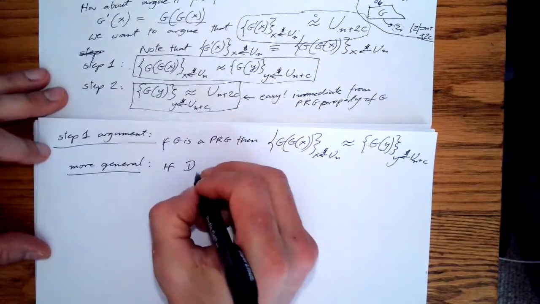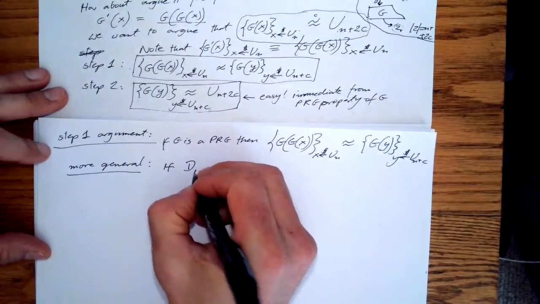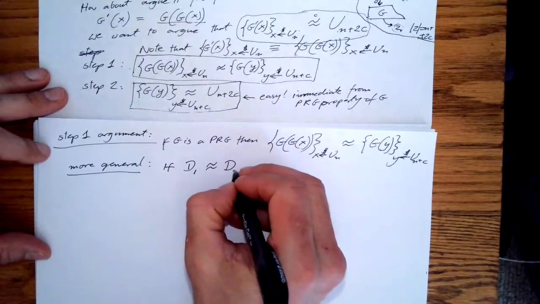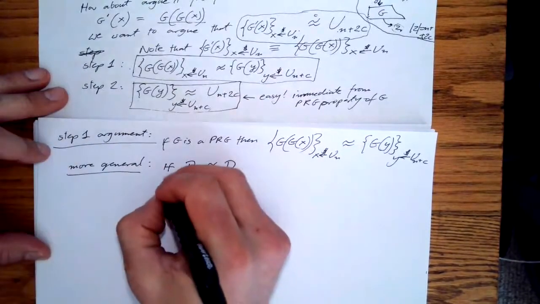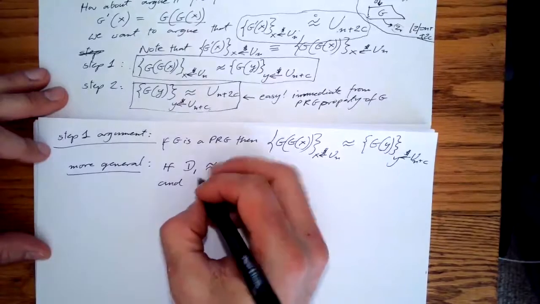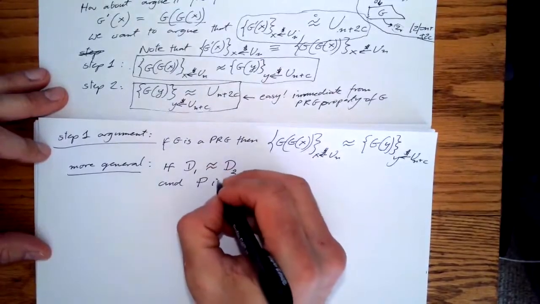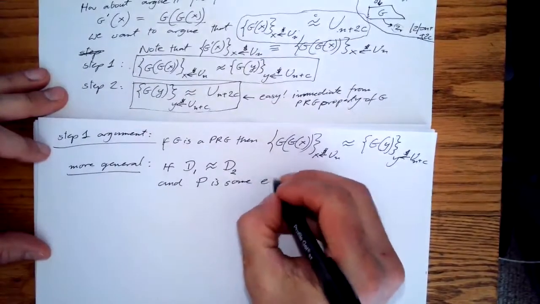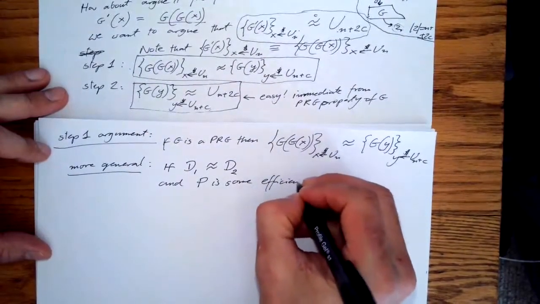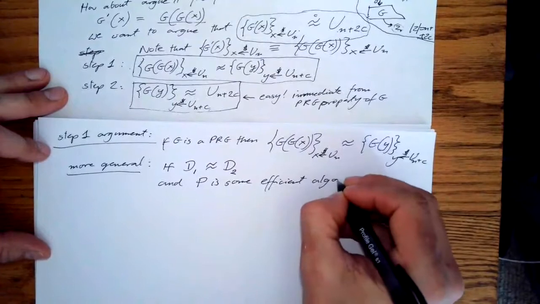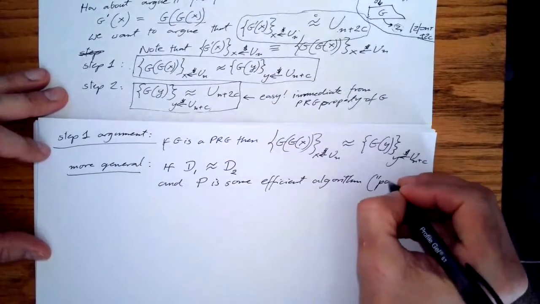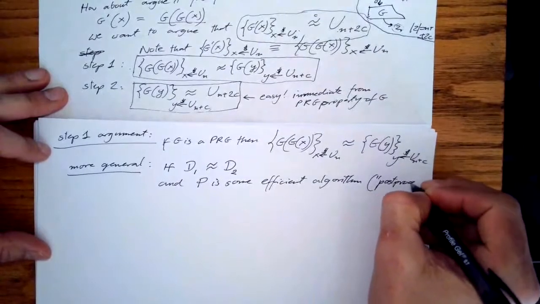If 2 distributions are indistinguishable and P is some efficient algorithm, and I'm going to call it P because it's convenient to think of it as post-processing.